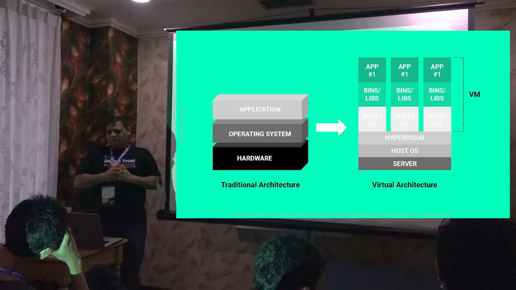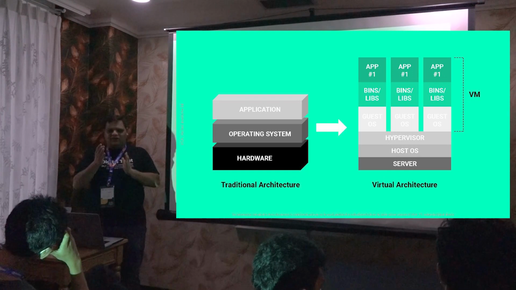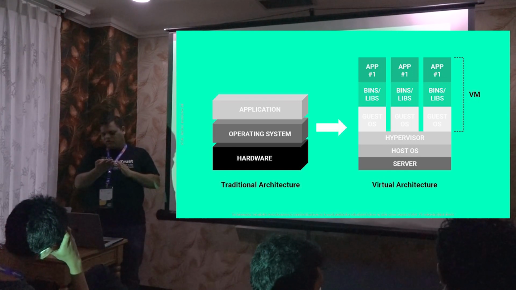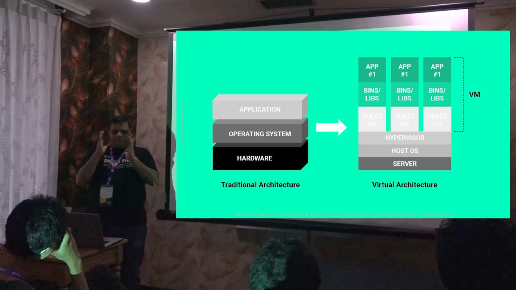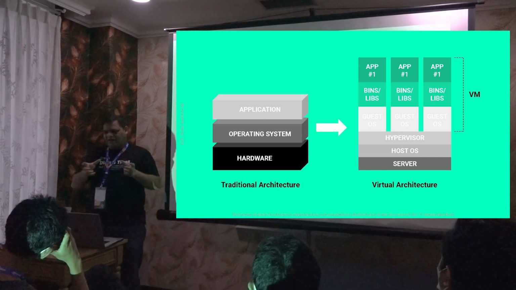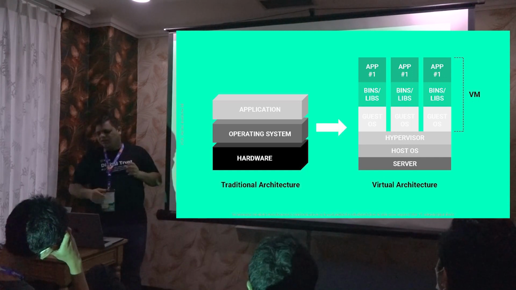So you can imagine, I want 3 servers with say 4 CPU cores and say 3 GB of RAM each, right? But the hardware is the same, and you're imagining there are 3 servers running, right? So that is what we call virtualization.